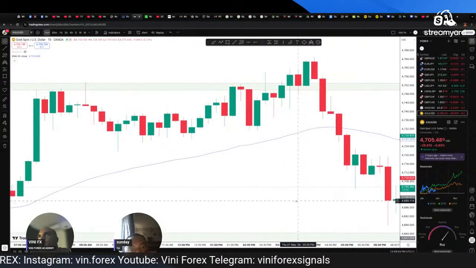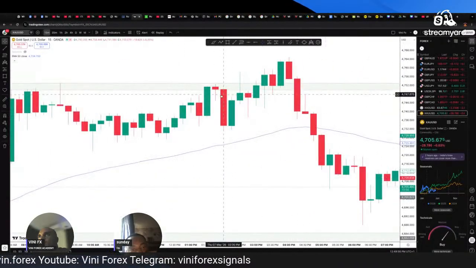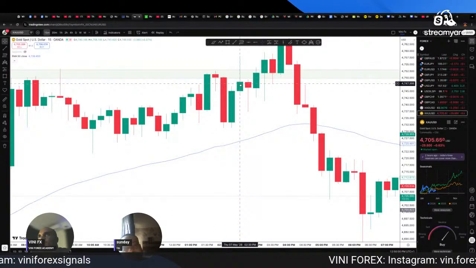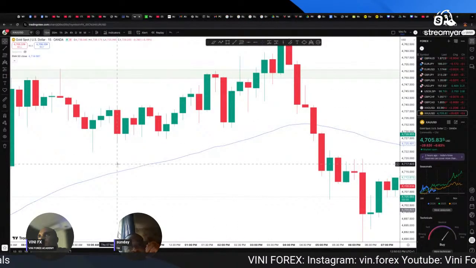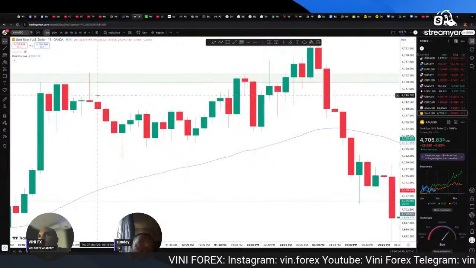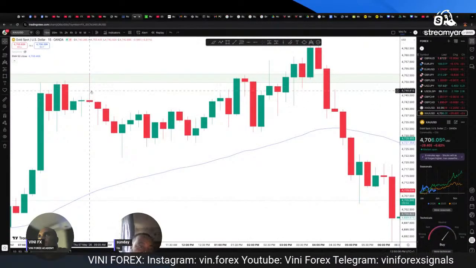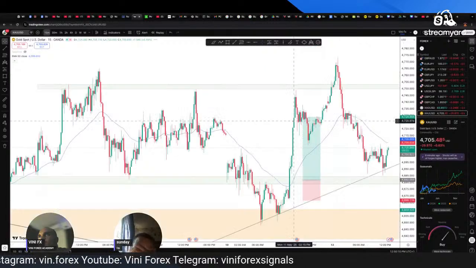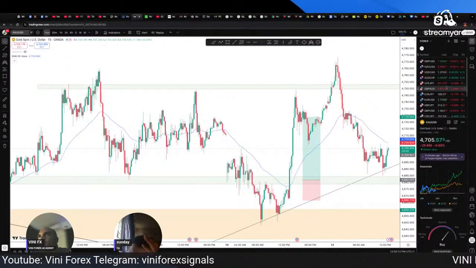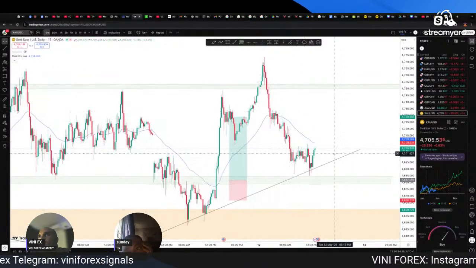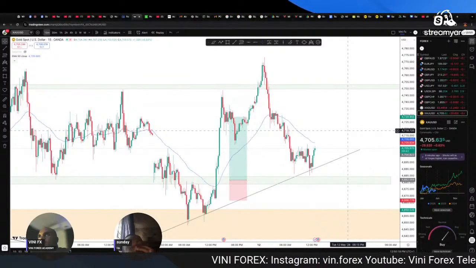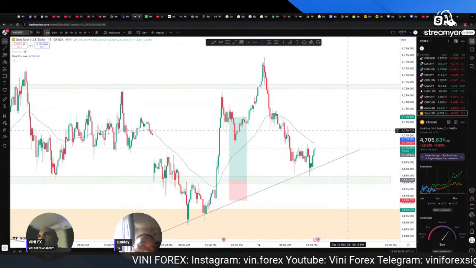This is a hammer. This one is a hammer. So you have been able to identify them. So you now understand what this hammer means, right? Yes, sir. Perfect.